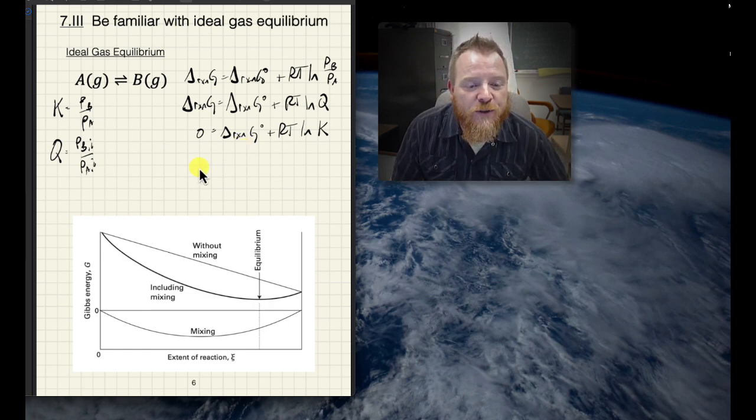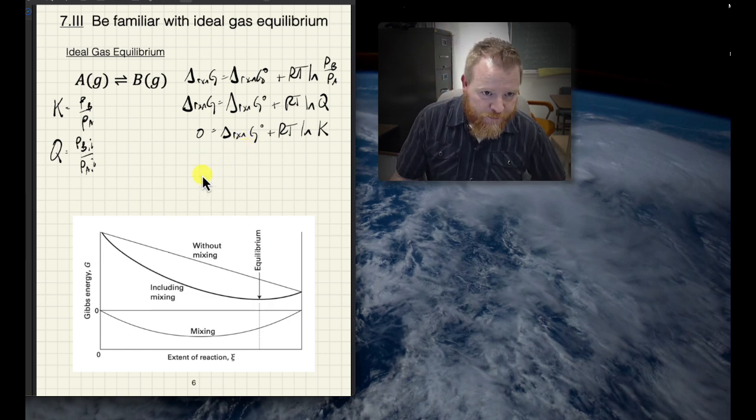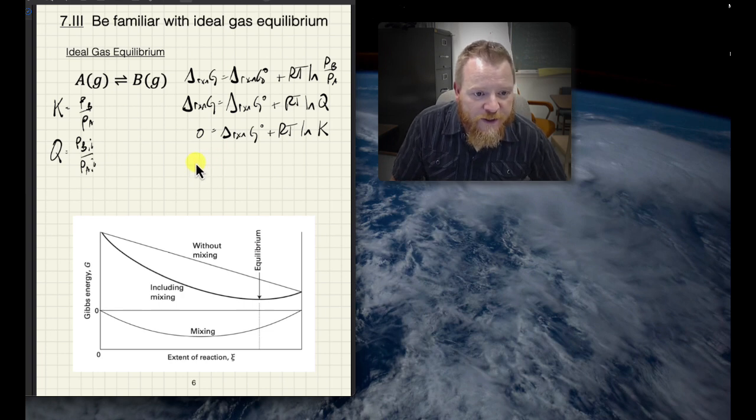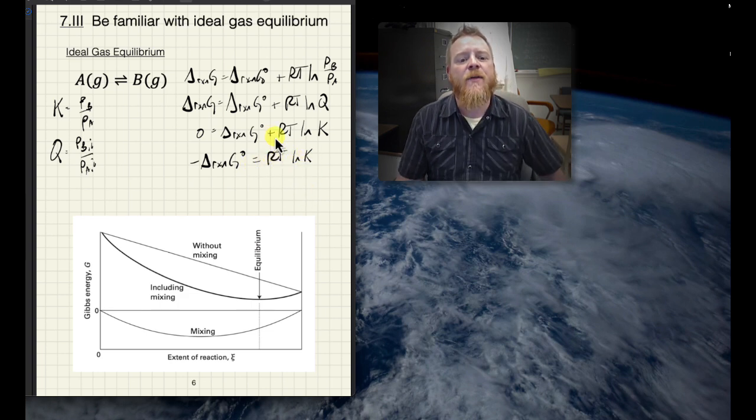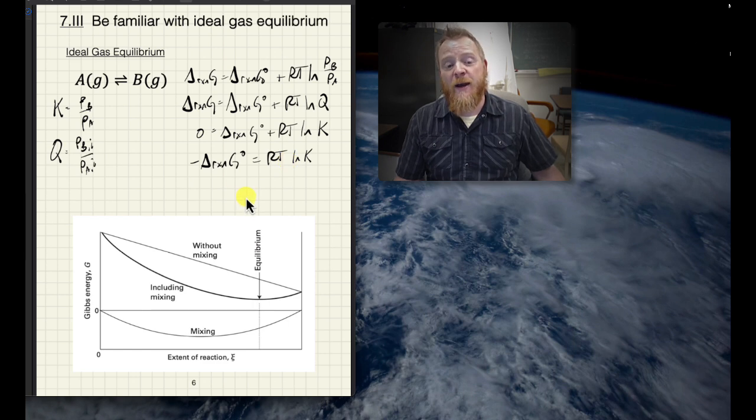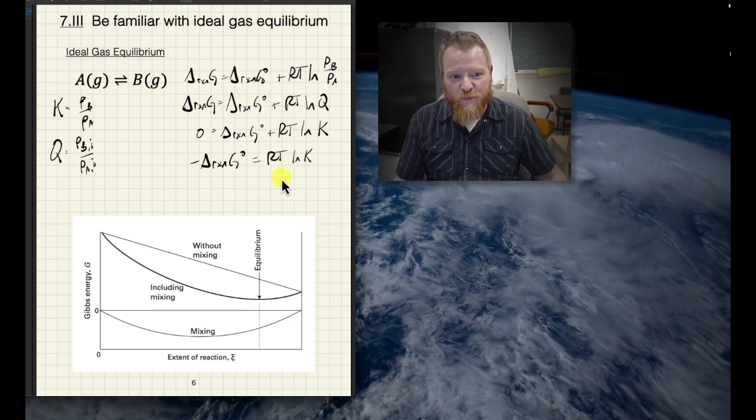And thus we have another way of thinking about how to compute our delta G of reaction. I'll do some algebra on this, and we'll say that negative delta G Rxn standard equals RT ln K. I'm going to divide both sides by RT and then take the exponential of both sides.